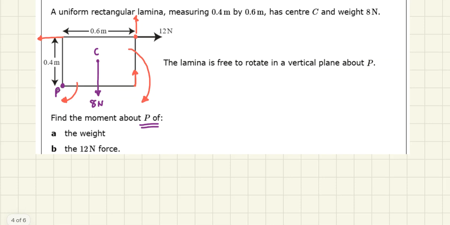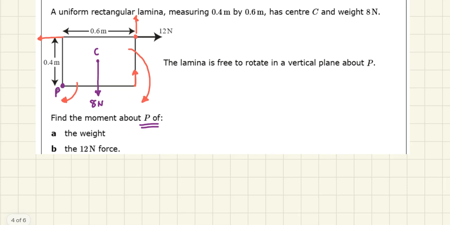Why will there never be any moment about P by putting a force through point P? Good, that's the answer. There's no distance. So if you have no distance about your pivot point, there is no moment there, yeah? I can't take this rod, hold it at that point, and apply a force that turns it at that point.